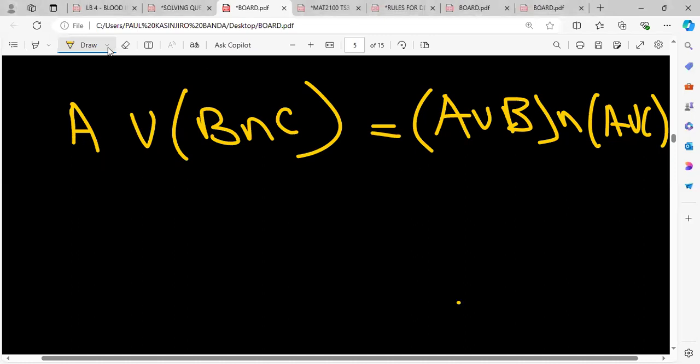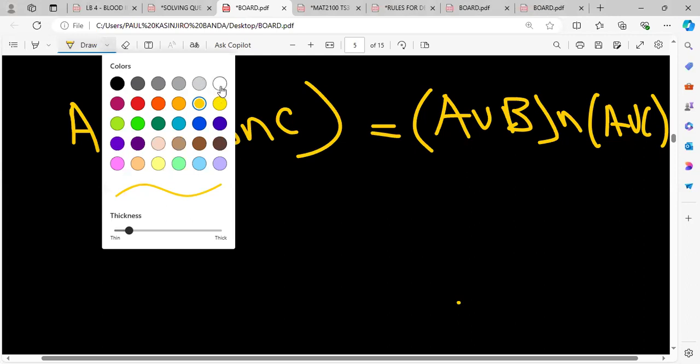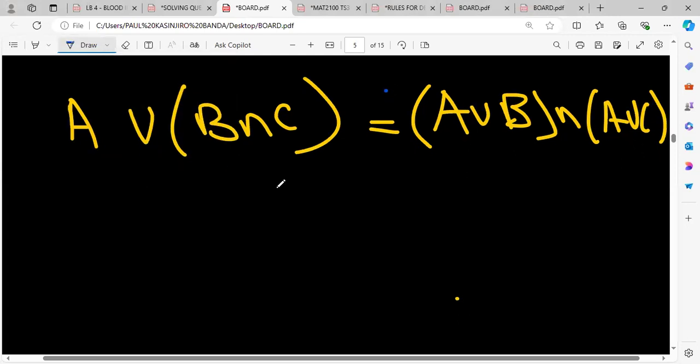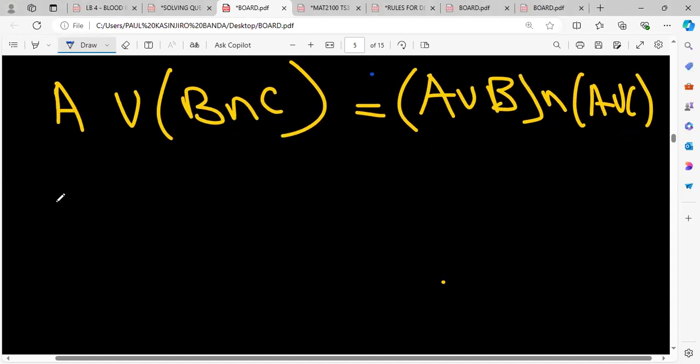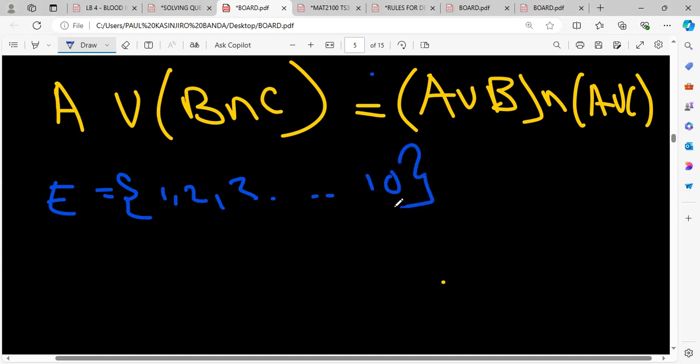Okay, so we can assume our universal set to be any set that you want. Let's say our universal set is 1, 2, 3, all the way up to 10. Okay, so this is our universal set. And then let's say my set A is 2, 7.